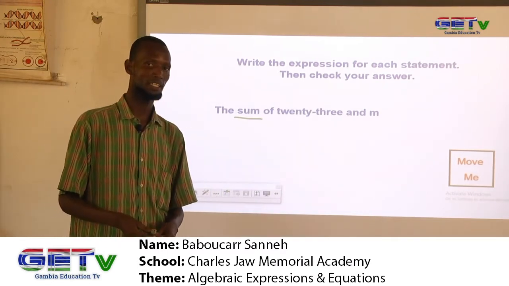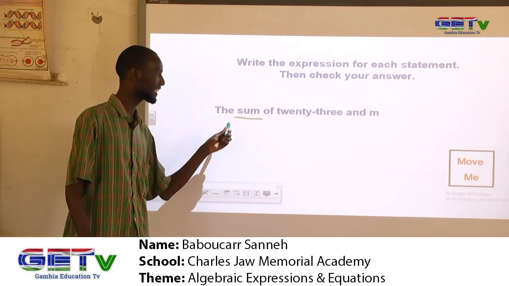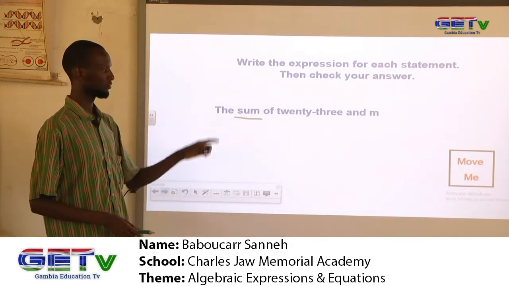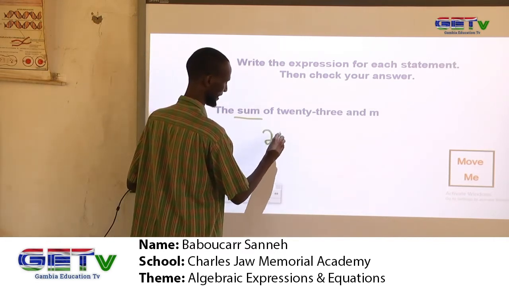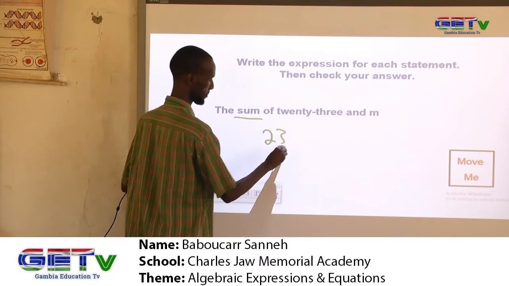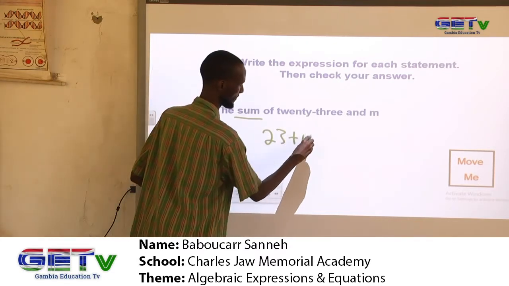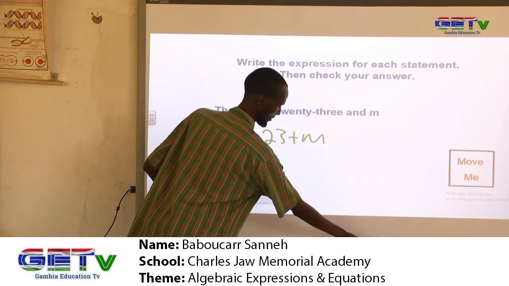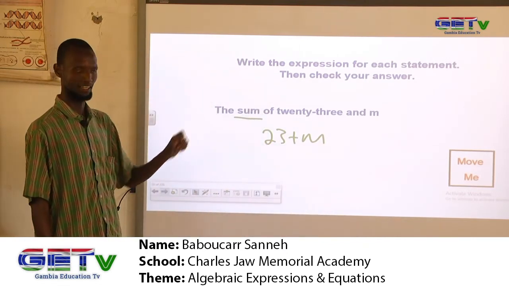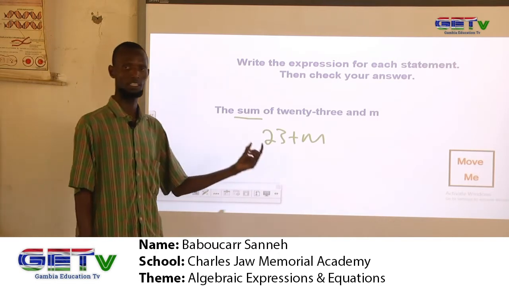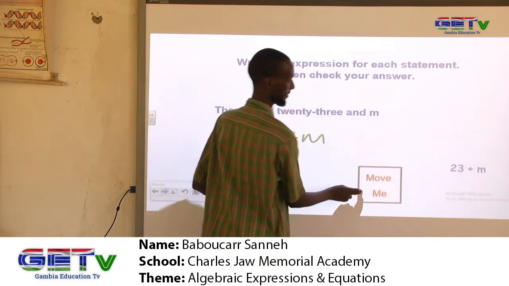Sum simply indicates an addition. So we know that we are adding here. So the sum of 23, I'll have 23, is an addition, plus, and then you have your m. Therefore, the sum of 23 and m is just 23 plus m.